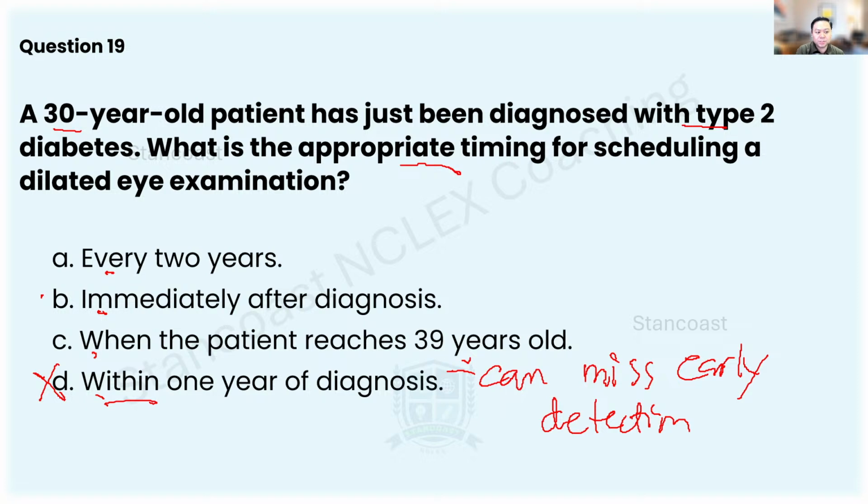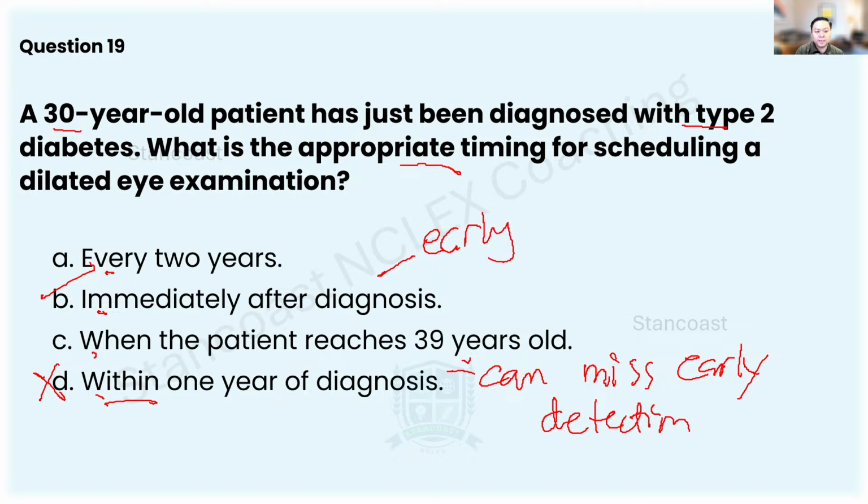If you answered letter B, immediately after the diagnosis, that is the recommendation for eye care in diabetic patients. It should be done immediately after the diagnosis to check for diabetic retinopathy.